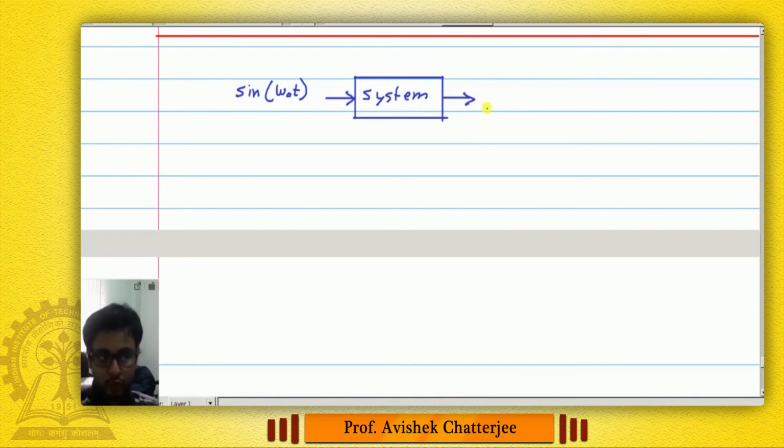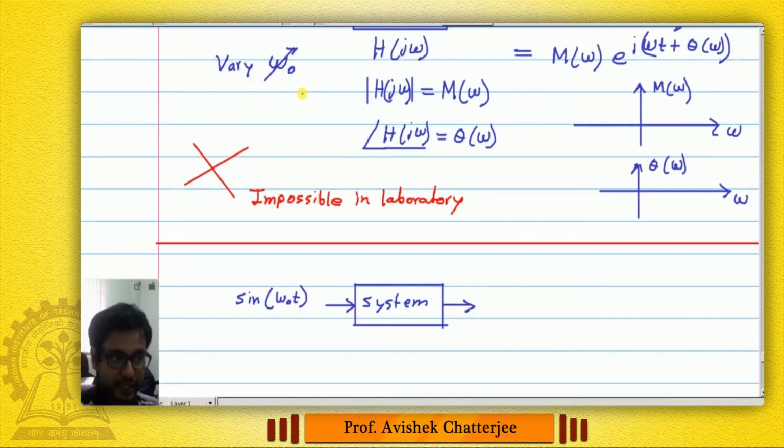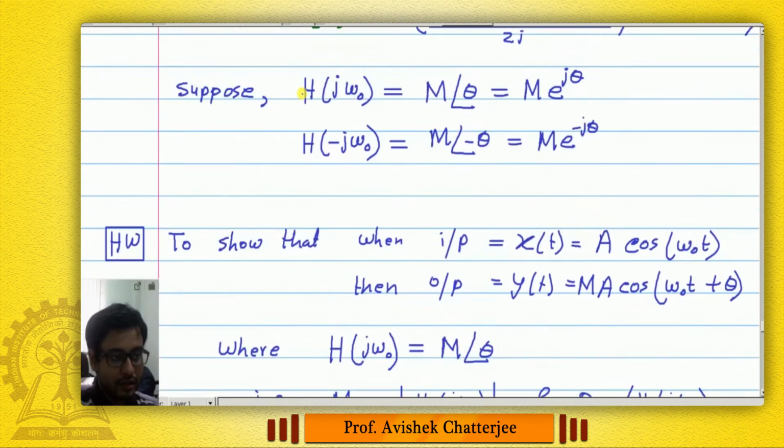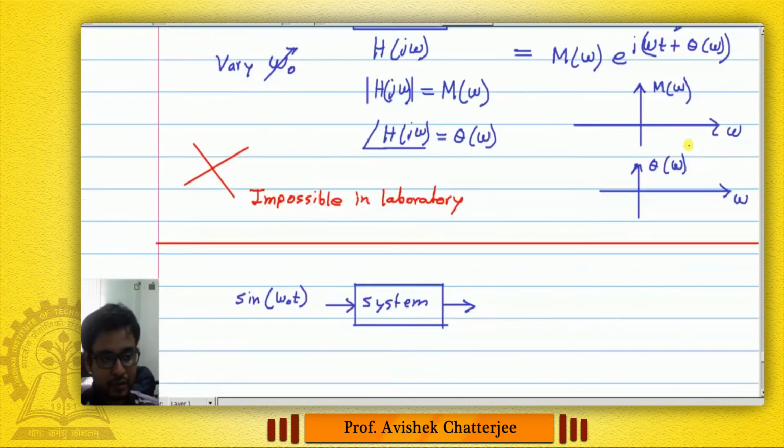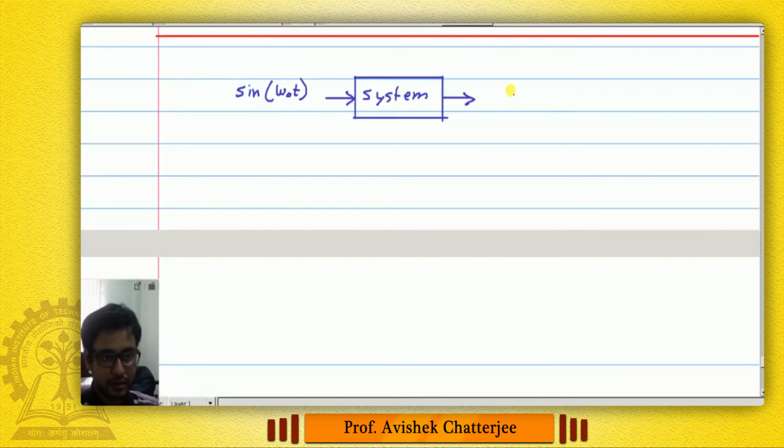But we know for an LTI system, if you give sine omega naught t as the input, then the output will be of this form: m sine omega naught t plus theta.